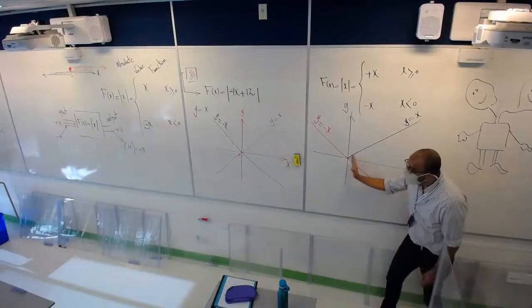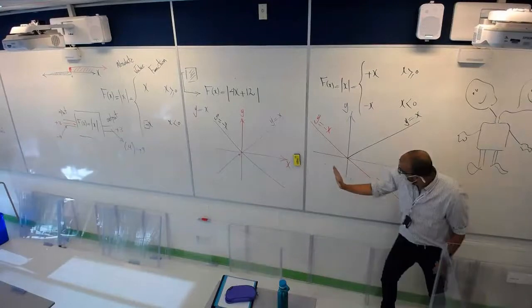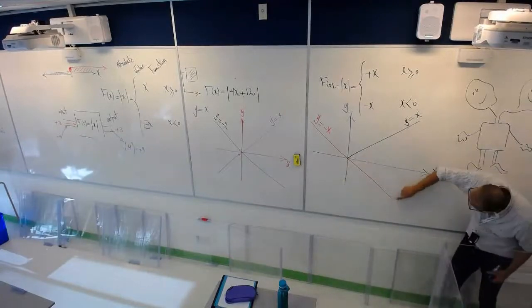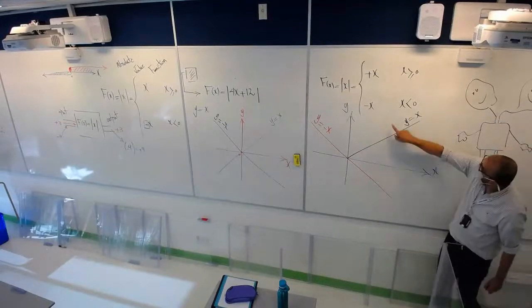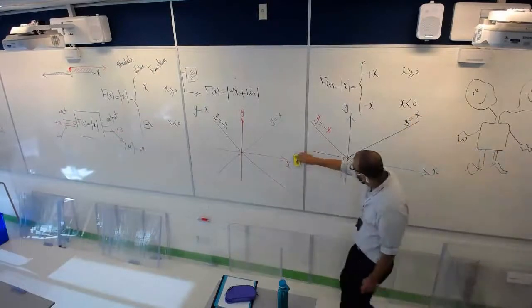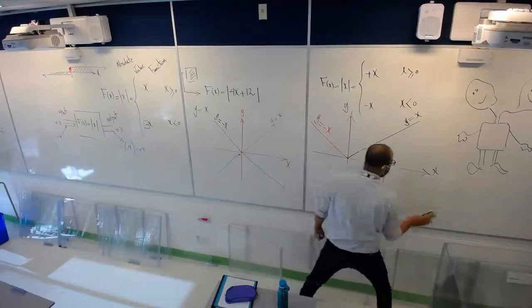X is all negative on the left side of the y-axis, which means that the right side of the red plot is going to be useless because it does not satisfy this part. Then as a result, I'm just going to erase them. I'm going to forget that I had this part of the graph.